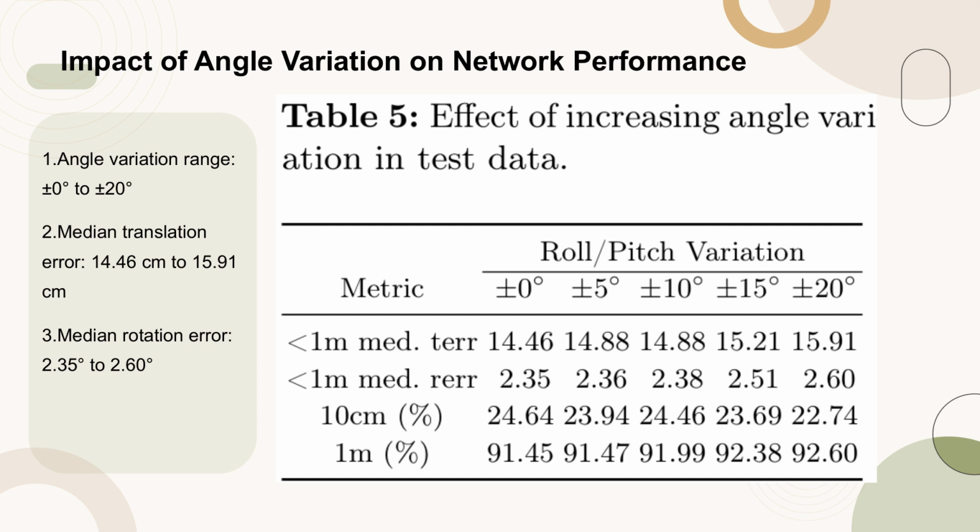Specifically, the median translation error rises from 14.46 cm to 15.91 cm. And the median rotation error increases from 2.35 degrees to 2.60 degrees. Despite these increases, the network maintains its ability to handle a wide range of camera angles, demonstrating robustness in real-world scenarios where camera angles can vary significantly.